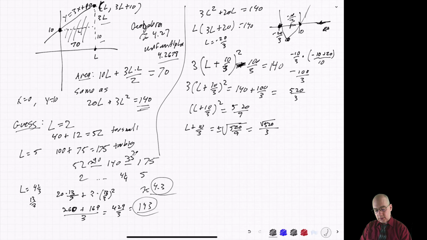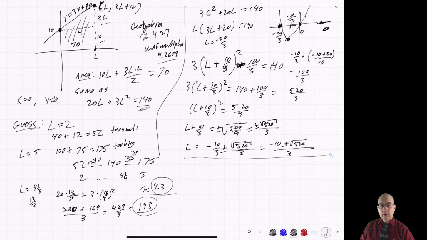So I can do that. I'm sure there's some stuff like 4 I could take out. I don't know if I want to. L equals minus 10/3 plus or minus the square root of 520 over 3. Or minus 10 plus or minus the square root of 520. All right, so that's completing the square method, if you will.